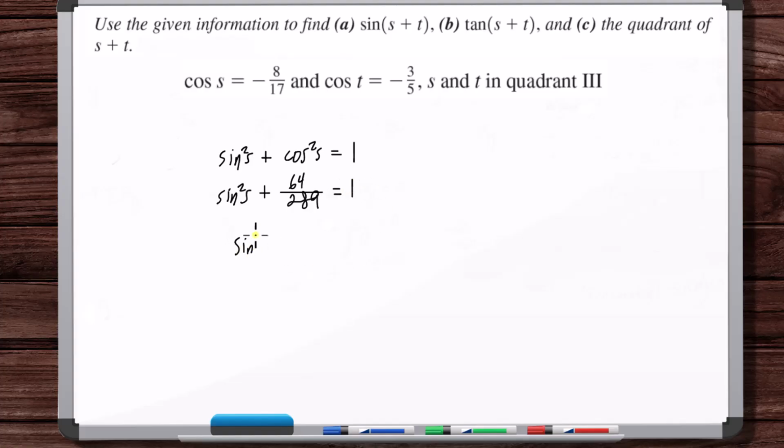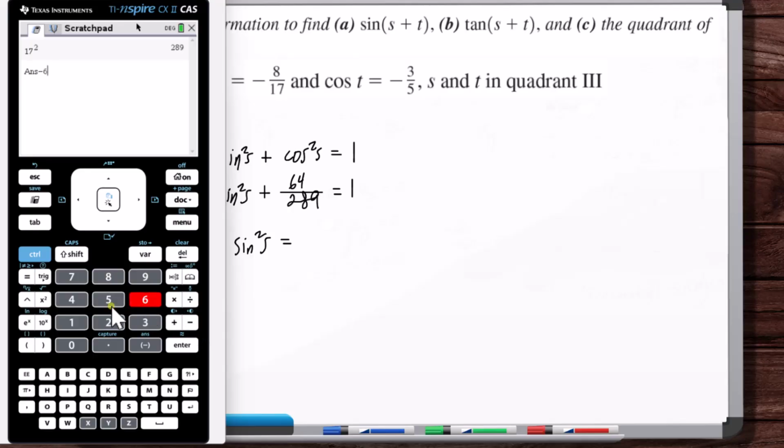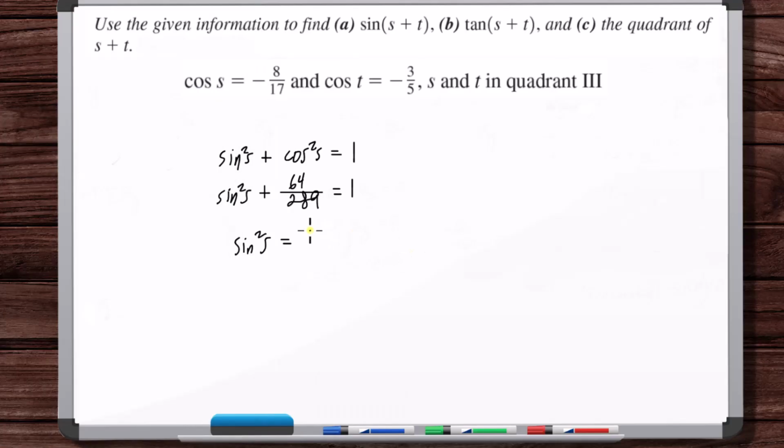Okay, so sine squared s is 289 over 289 minus 64 over 289. So 289 minus 64 is 225. So square root of 225 is 15.